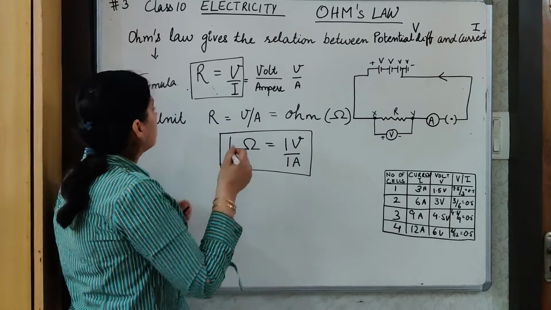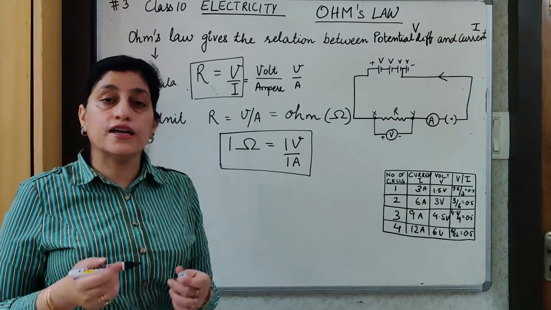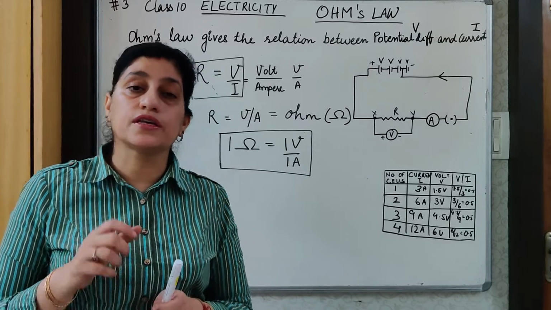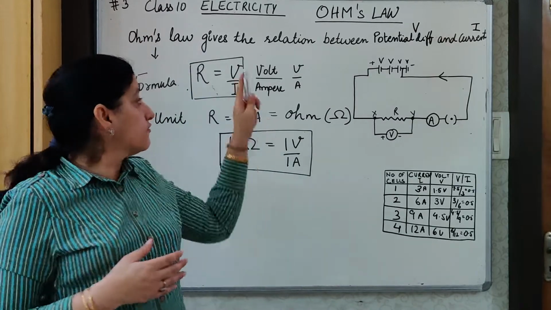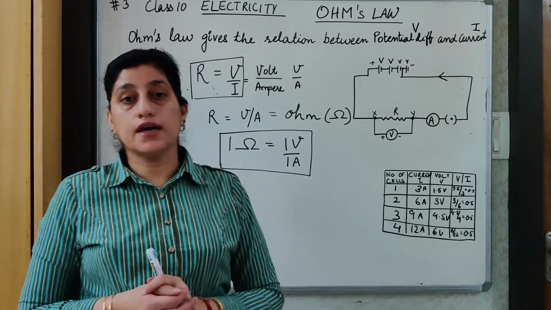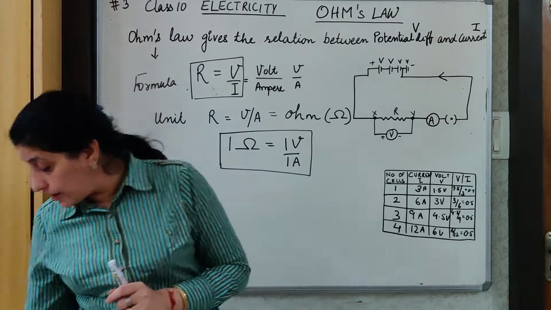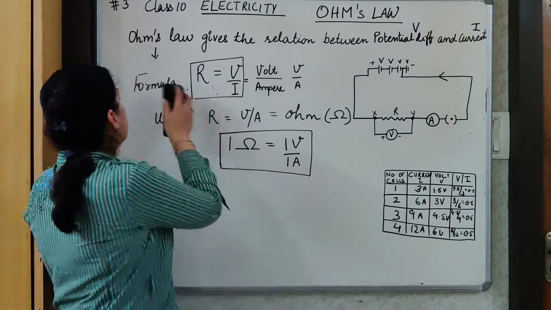So we can use volt per ampere and we can use 1 ohm also. And if the resistance changes, the value of V upon I will be something new because R is V upon I. This is clear, I hope. Then we have some numericals based on Ohm's law. Now I will take 1 or 2 simple numericals.